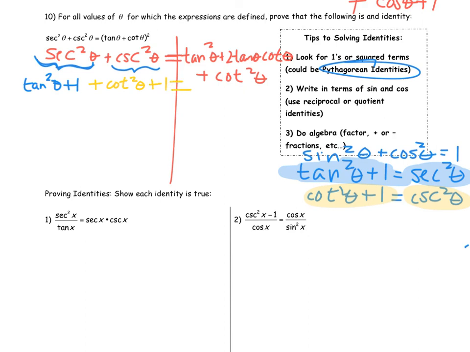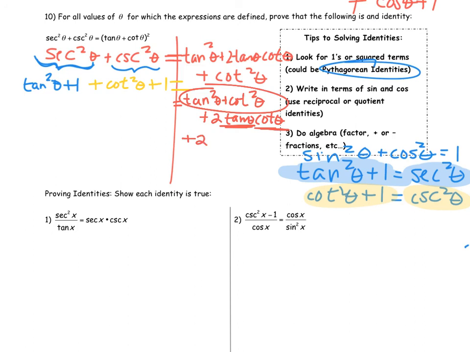I'm going to simplify on the right-hand side. I know that I can rearrange my terms, so let me do that first. So I have tangent squared theta plus cotangent squared theta plus 2 tan theta cotangent theta. Okay, and I'm going to rewrite my tan theta and cotangent. So I'm going to leave this as is.